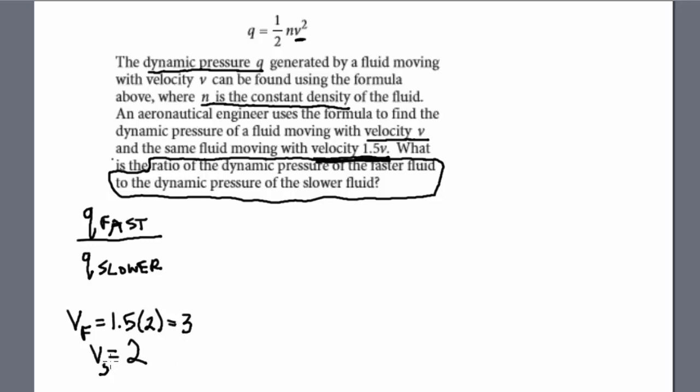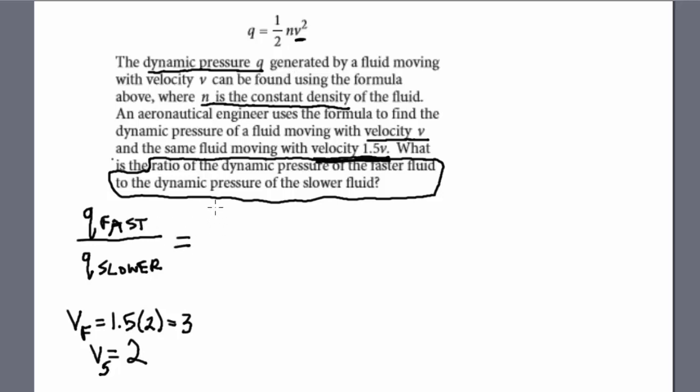So what we can do now is compare the dynamic pressure of the faster one using this formula, where instead of velocity we plug in 3, and compare it to the slower one where instead of velocity we plug in 2. So let's see what happens if we do that.